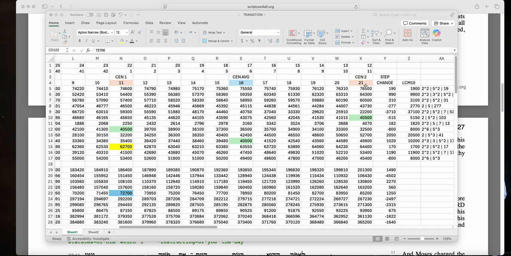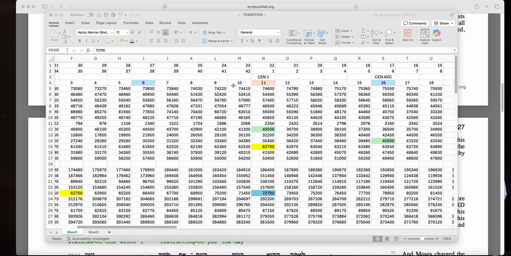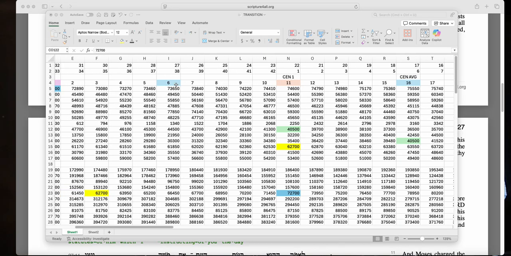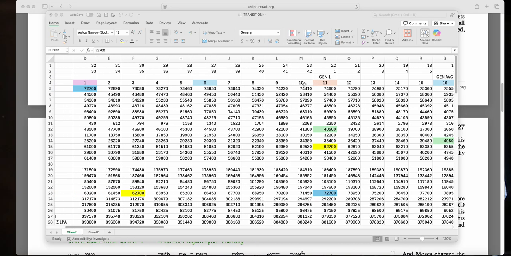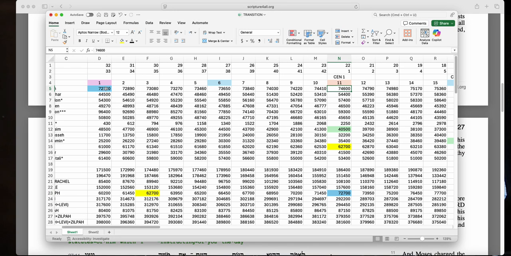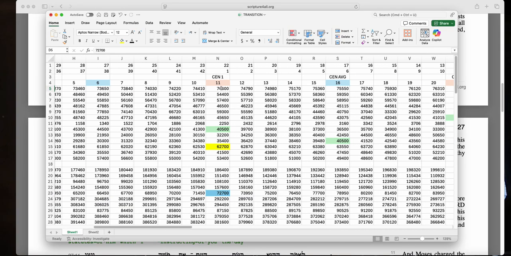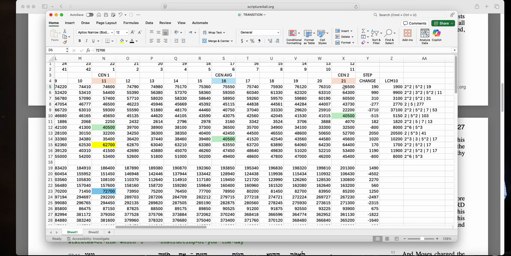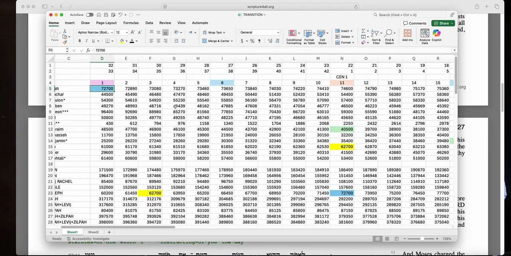So what I did was extend it this way to our left, and so we got 10 more positions, and we're going to step down incrementally until this point here. And you see that Judah's number has become 72,700 when we extend this number set all the way to this other range.